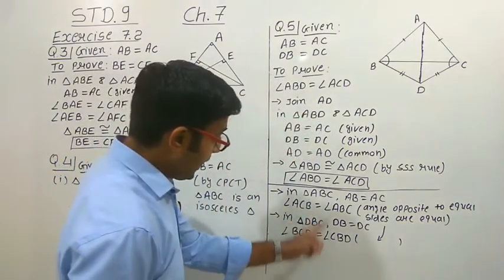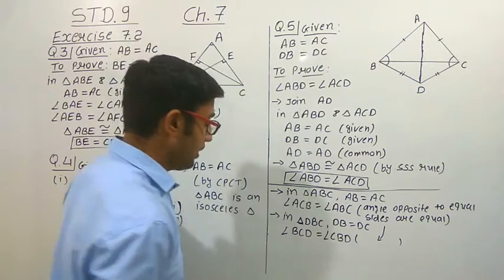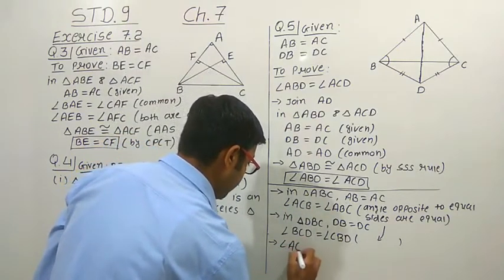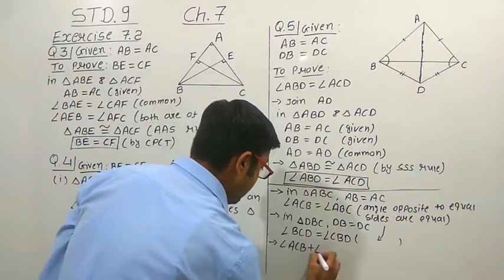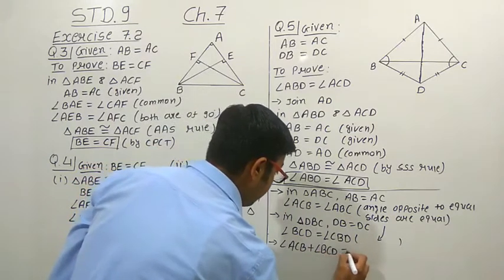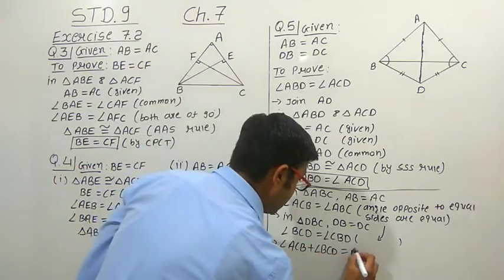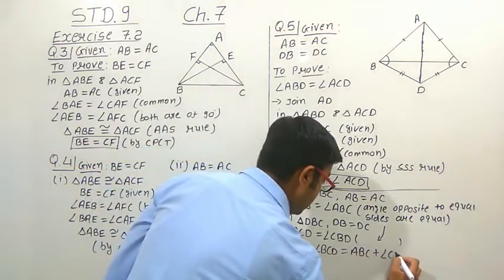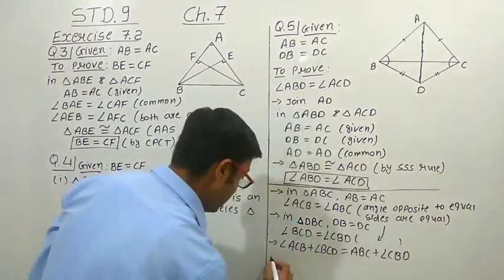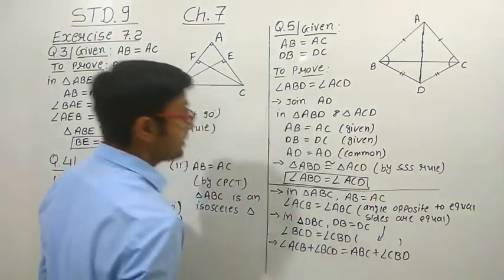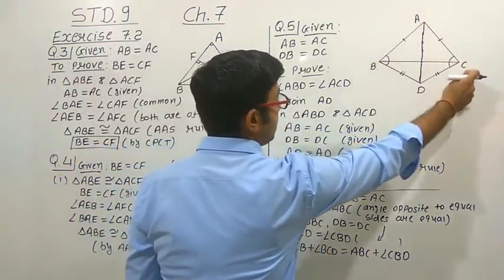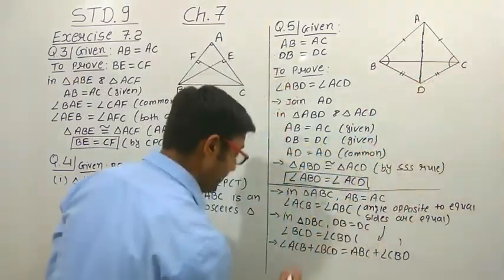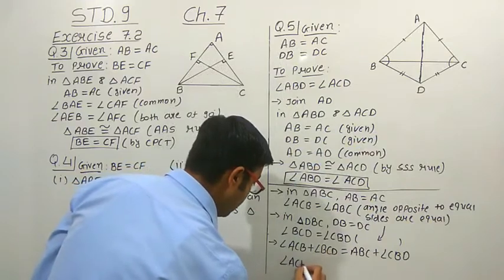Now see, if we add both these equations, then what will happen? Angle ACB will be added with angle BCD, and angle ABC is added with angle CBD. Now ACB plus BCD means the whole angle ACD.